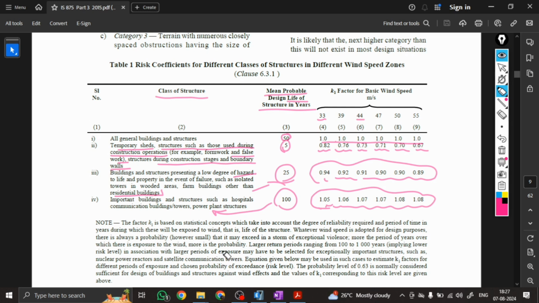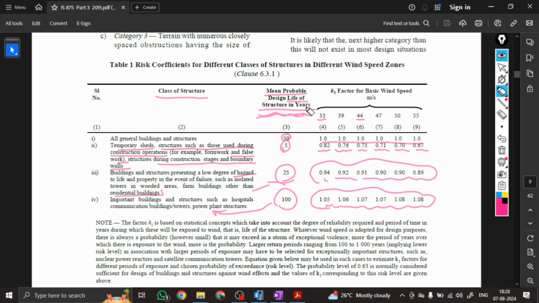we are designing according to the design period. If we have a longer design period, then it will be exposed more because we have more design period.